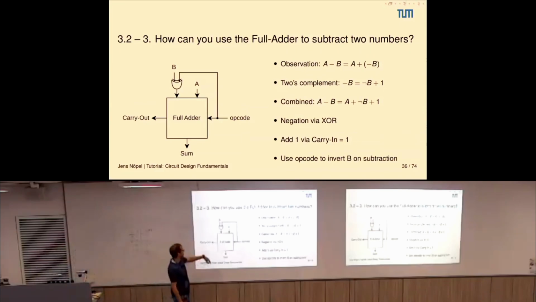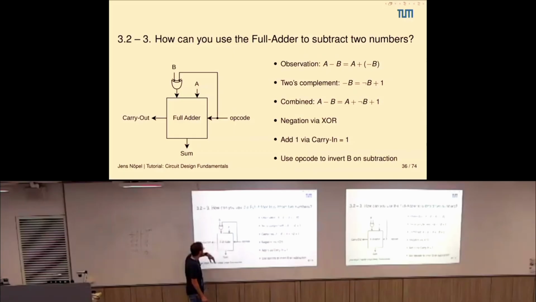So we add the XOR here and use the opcode to select whether we want to have the negation of B or not. So if we want to do the subtraction, then we set this one to 1.